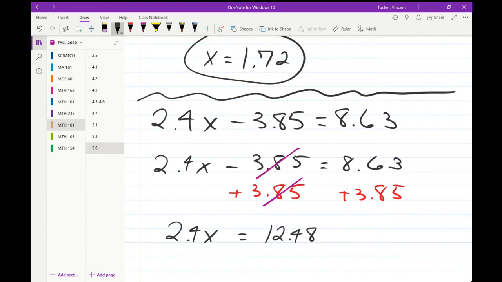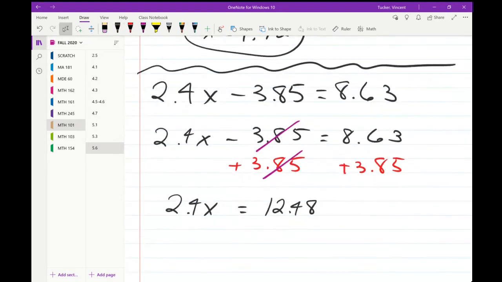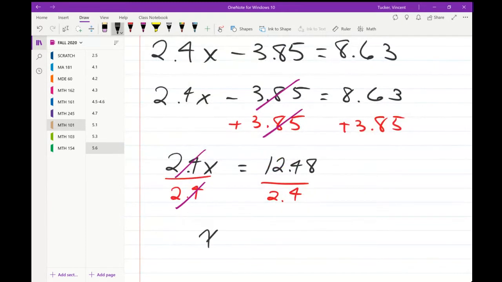And on the right, we'll have 12.48. Now we have 2.4x equal to 12.48. So to move the 2.4 off of x, since that's 2.4 times x, I need to divide both sides by 2.4. x is equal to 5.2.